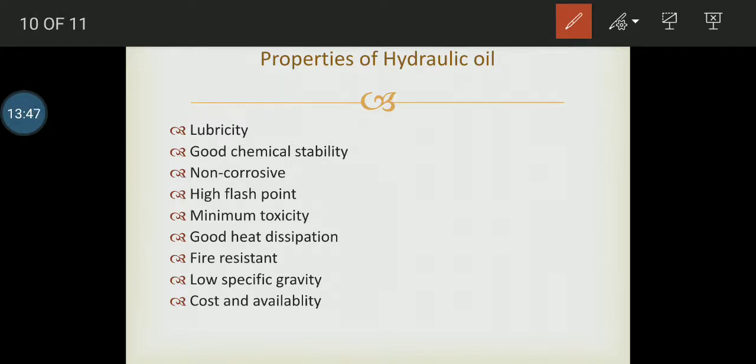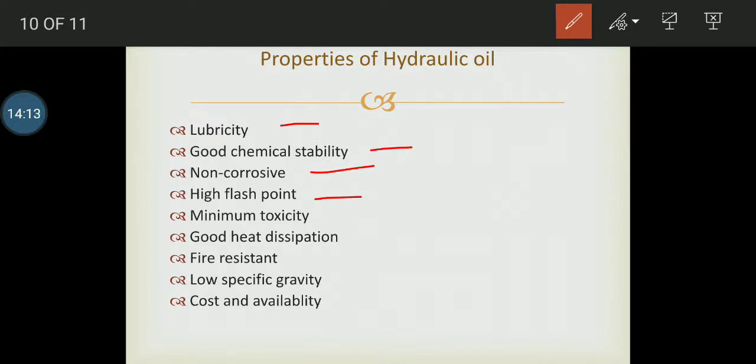Then high flash point. When we move to the basics of flash point, we know that because of compression, or the creation of pressure, there can be an ignition at the flash point.